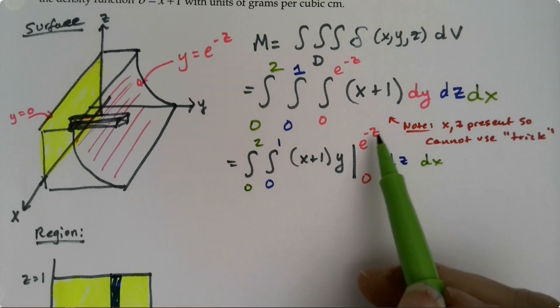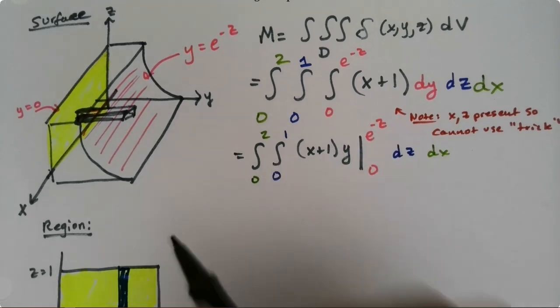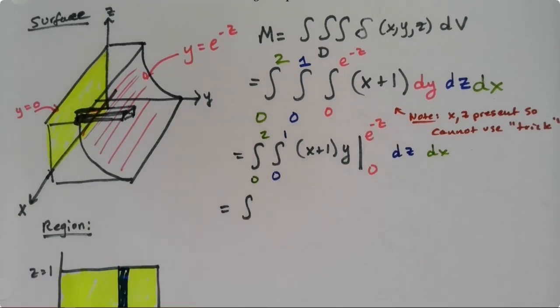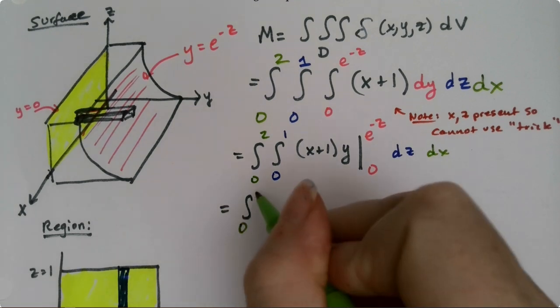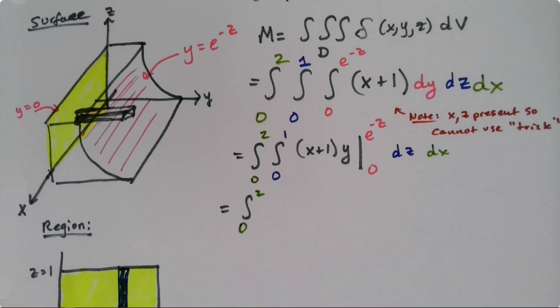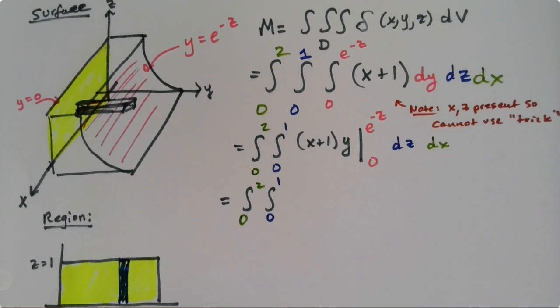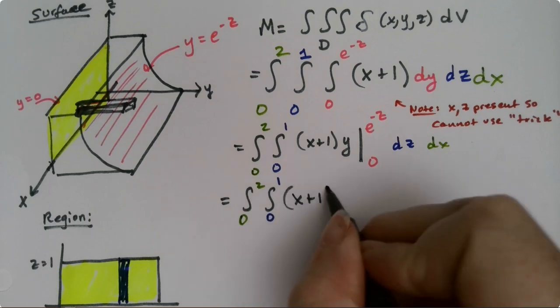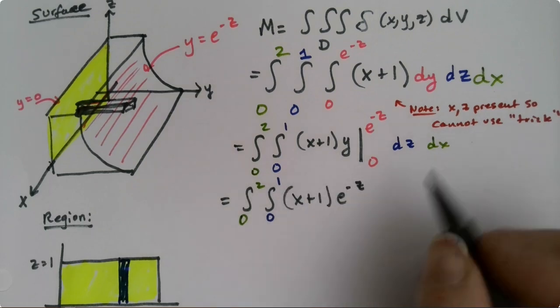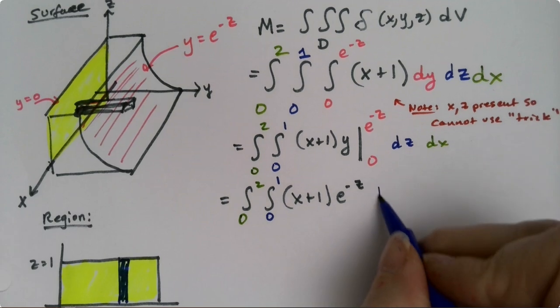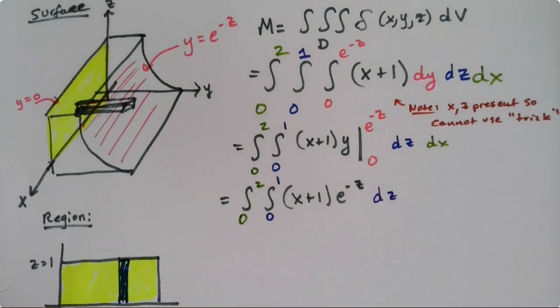All right, so we just put in e to the negative z. So this is the integral from 0 to 2, and then the integral from 0 to 1, and then that will, of course, be x plus 1 times e to the negative z, sorry. Then dz dx.